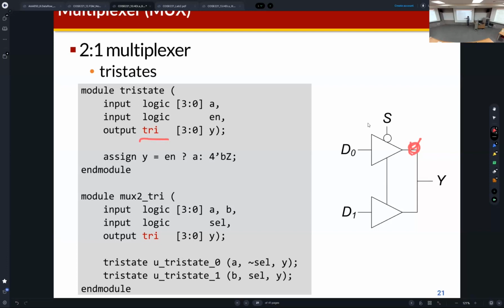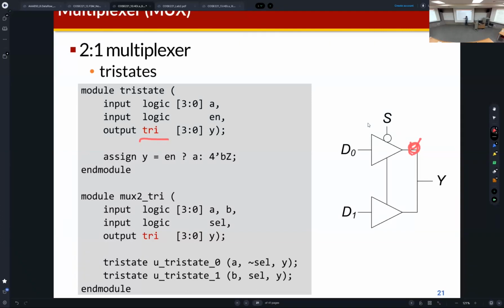In the original slide, this output is declared as logic, but it should be declared as a tri data type, because the output of this tri-state gate is also declared as a tri, and it is connected to the output of this module.